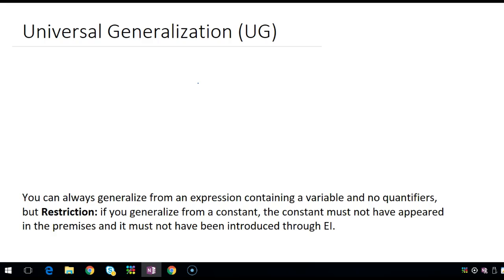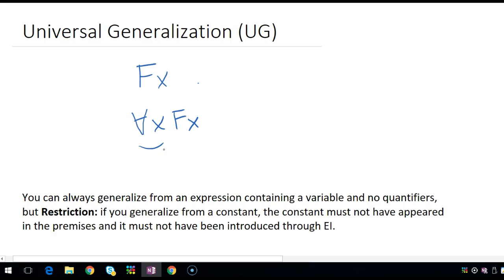Now, universal generalization is basically the rule that if you have an expression such as this one, fx, you can go from it to for all x, fx. So you can introduce the quantifier.